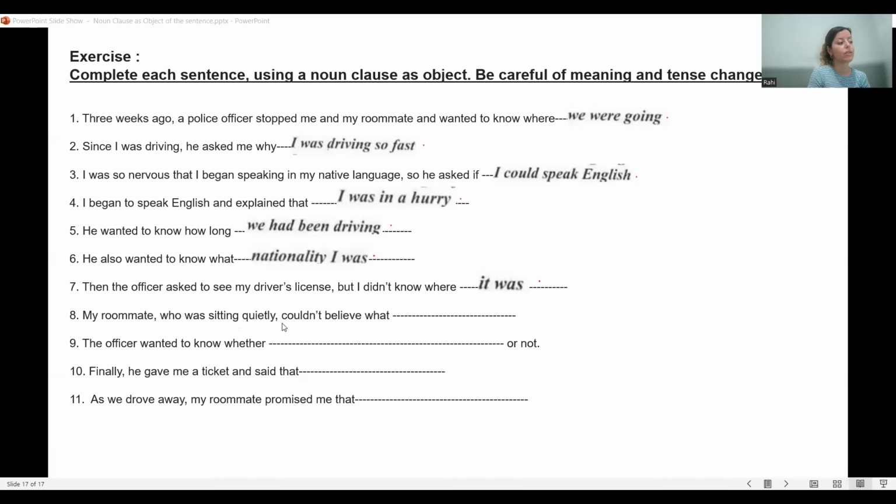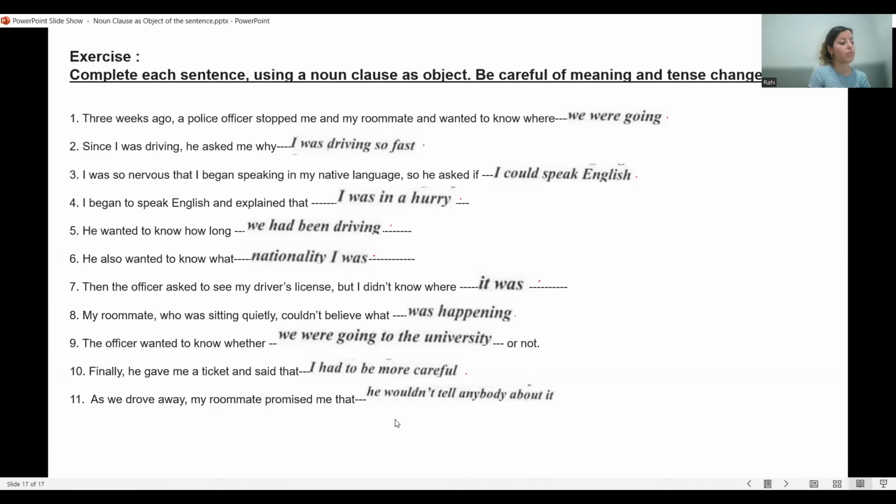My roommate, who was sitting quietly, couldn't believe what was happening, full stop. The officer wanted to know whether we were going to the university or not. And here we have the full stop there, happily. Finally, he gave me a ticket and said that I had to be more careful, full stop. As we drove away, my roommate promised me that he wouldn't tell anybody about it, full stop.